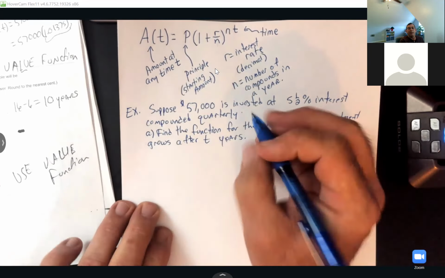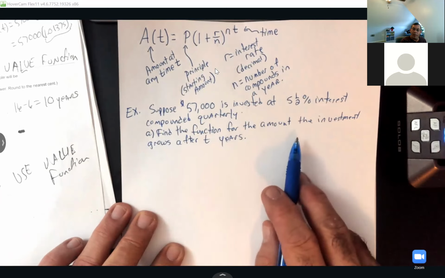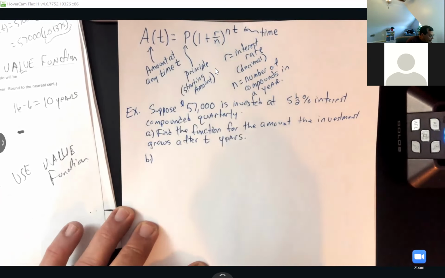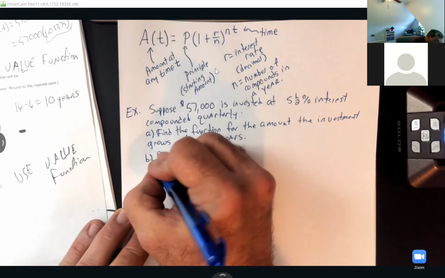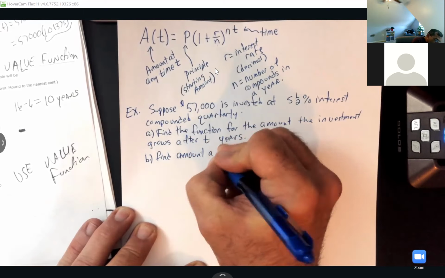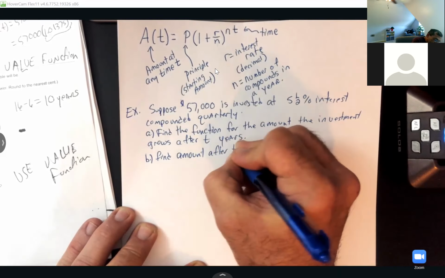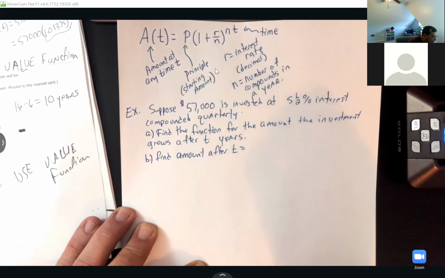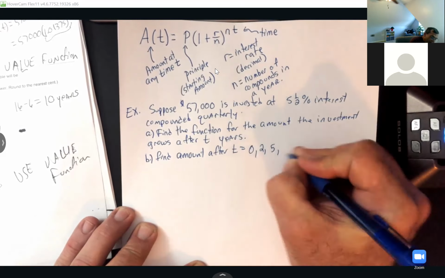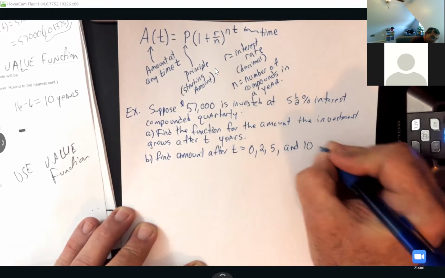So they just want us to find the formula that we're going to use. And then B, they want to know the amount. So find the amount after T equals 0, 2, 5, and 10 years.